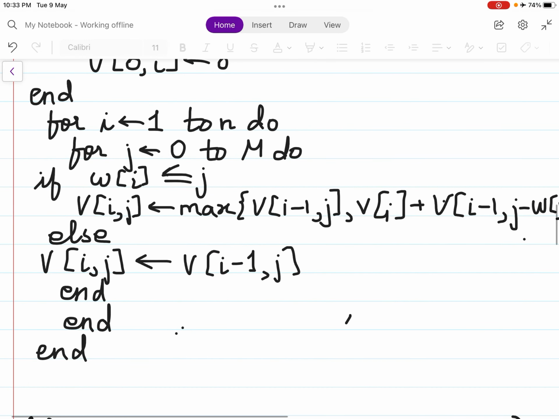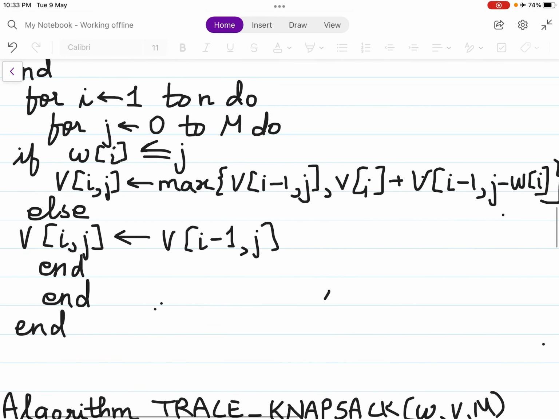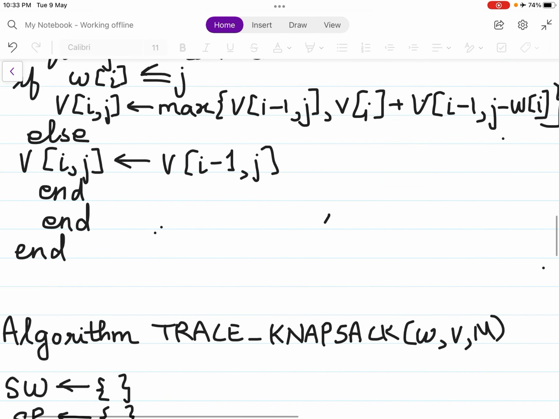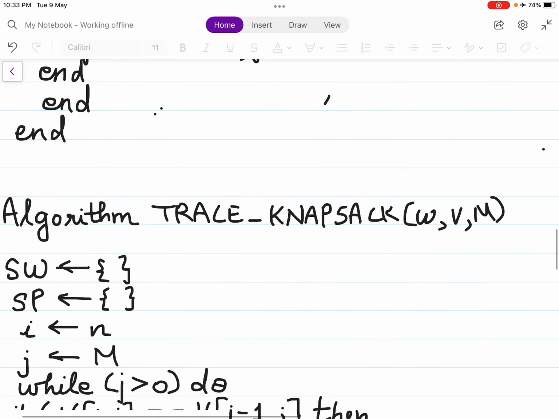And for i equal to 1 to n, do for j equal to 0 to m, do: if w of i is less than or equal to j, V of i, j is the max of V of i minus 1, j, and v of i plus V of i minus 1, j minus w of i. Else V of i, j will be assigned what value? V of i minus 1, j.